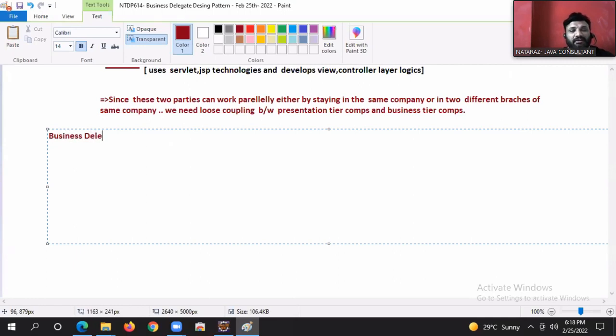Business delegate component in layered application.